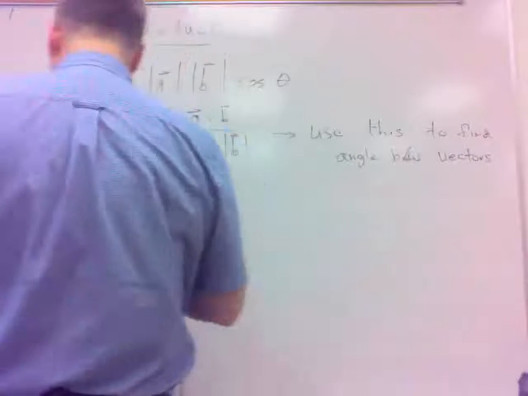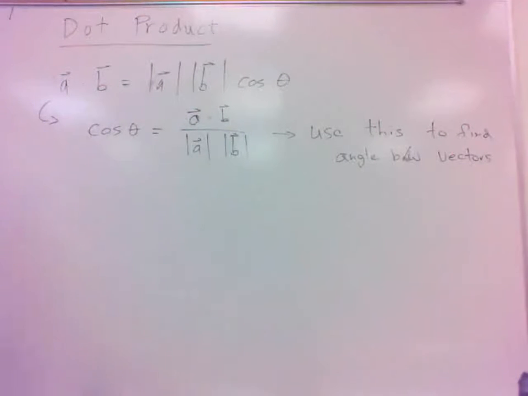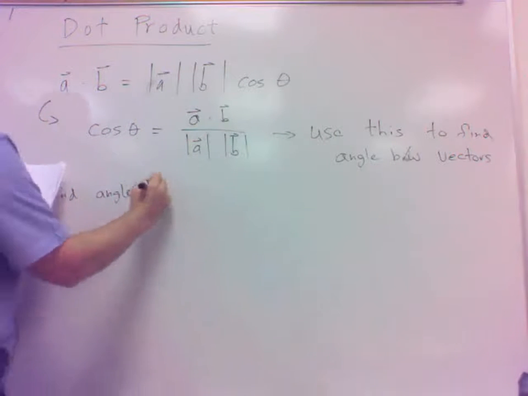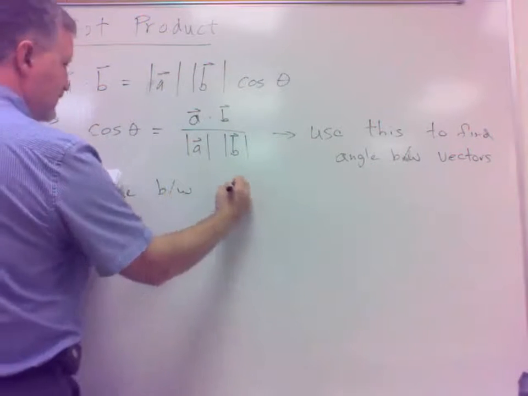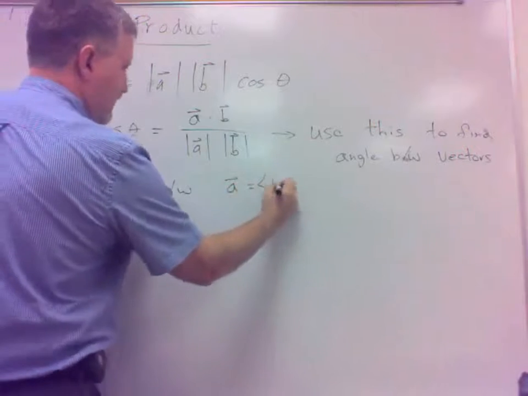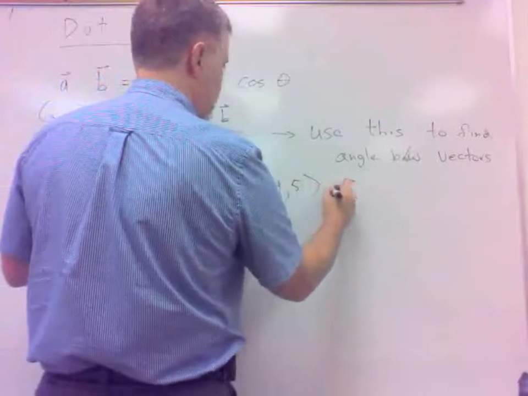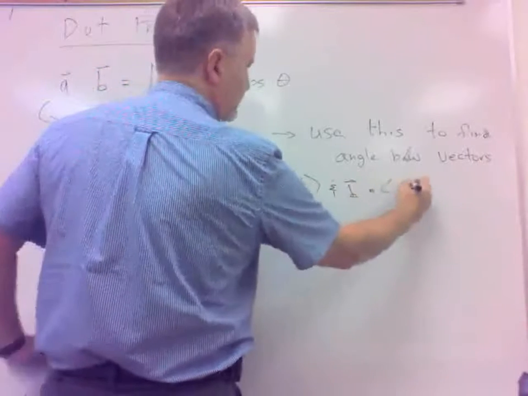Okay, all right, so let's find the angle between A is 4, 5, and B is -1, -3.